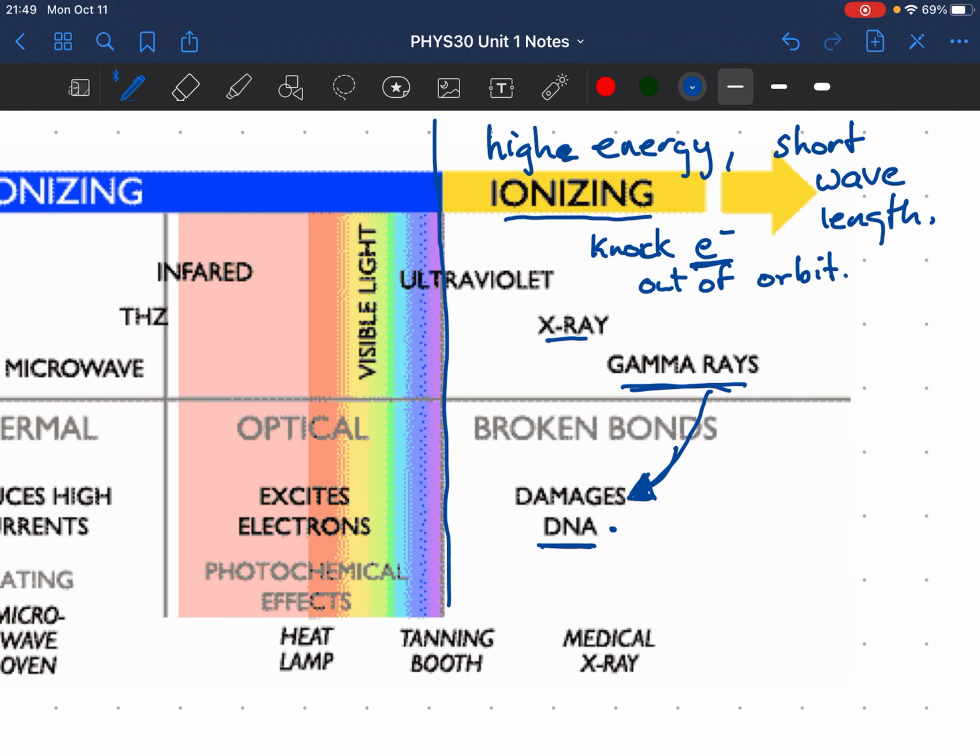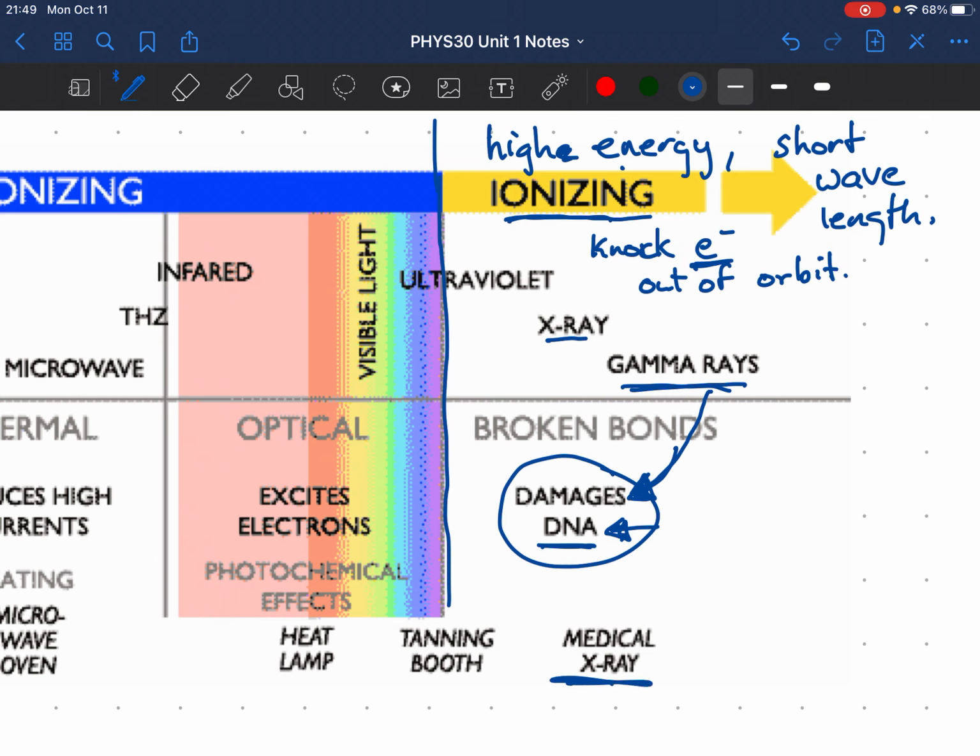When it damages that DNA, well, then that DNA might have an error in it. So when it's transcribed, you get an error in DNA transcription. Hopefully the body recognizes that there's an error in it and the cell dies. If the body doesn't necessarily recognize that there's an error in it, the body might replicate that error. And this is where you start to get cancerous tumors forming. Okay, so ionizing radiation is high energy, short wavelength, has the ability to knock electrons out of their molecules, damaging those molecules. And that can cause damage to DNA.